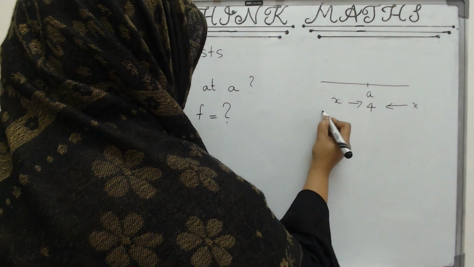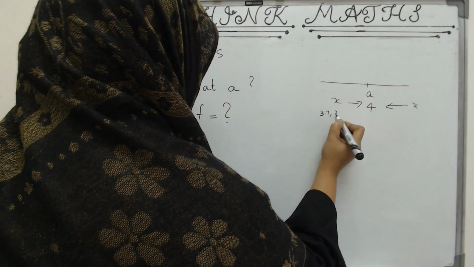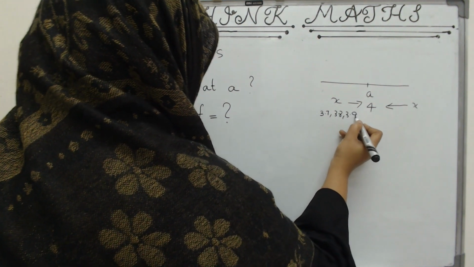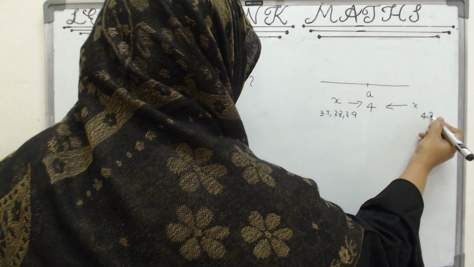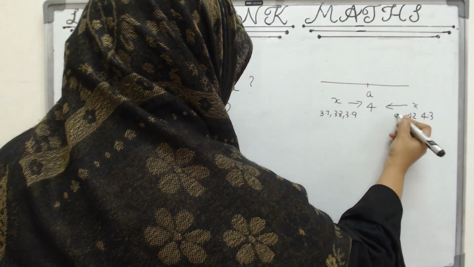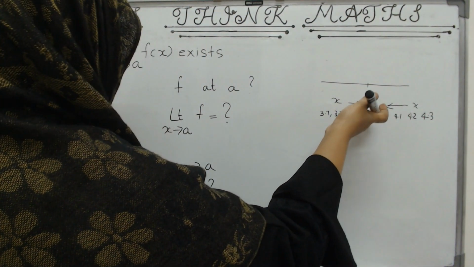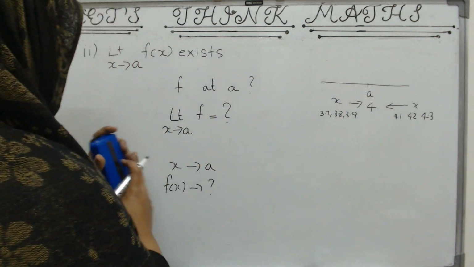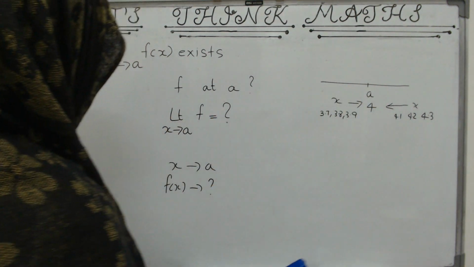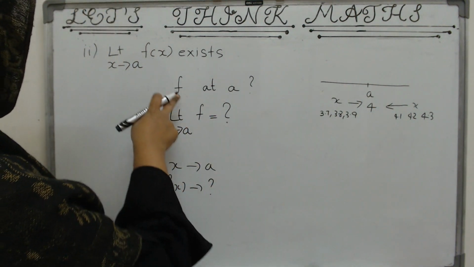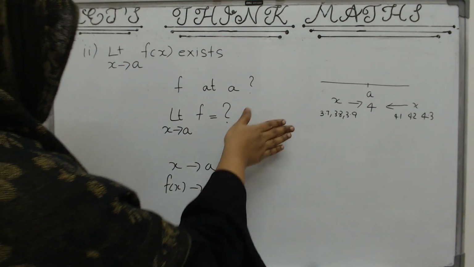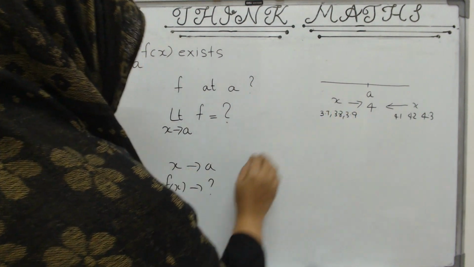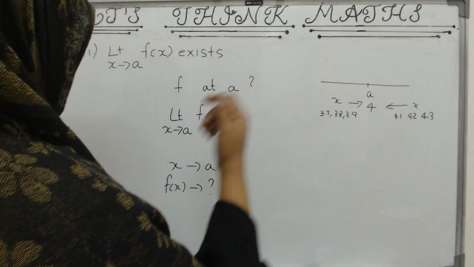Or in other words, it can move like 3.7, 3.8, 3.9 and then go towards 4, or it can come from 4.3, 4.2, 4.1 and then come to 4. So x can approach a in two ways. So that means the limit of f can also be in two ways. It can be a left hand side limit or a right hand side limit.